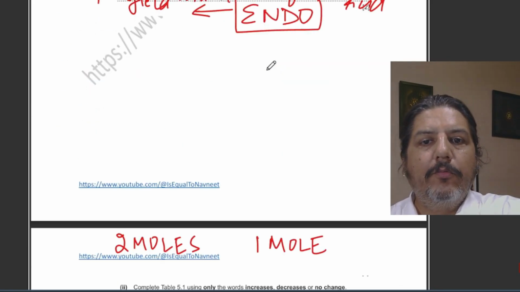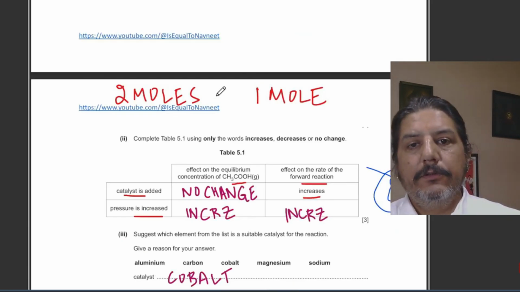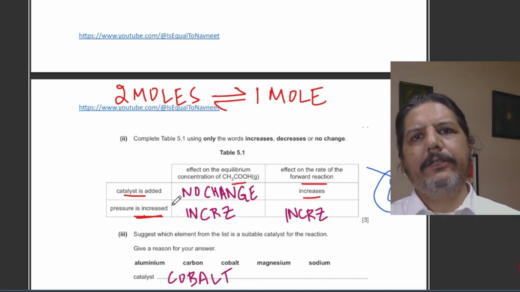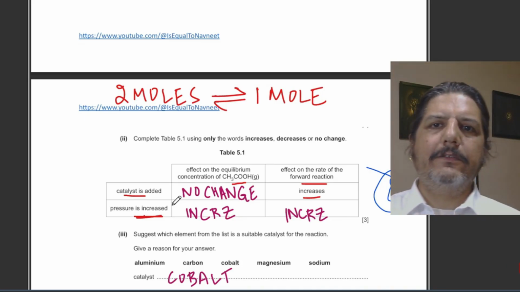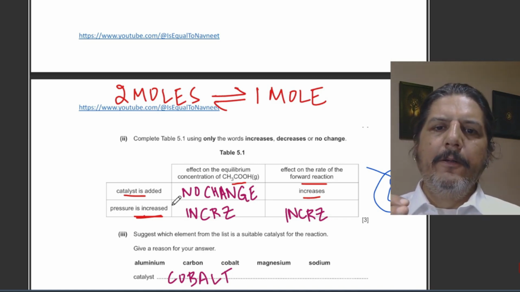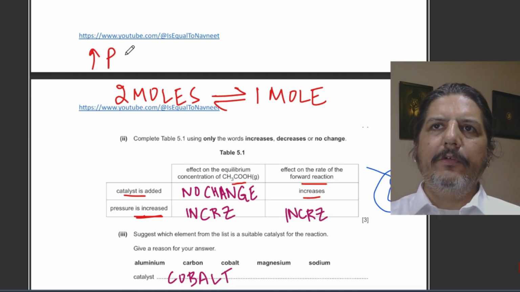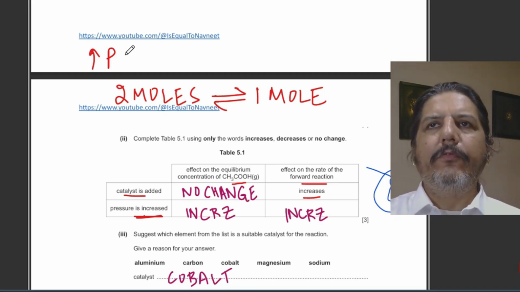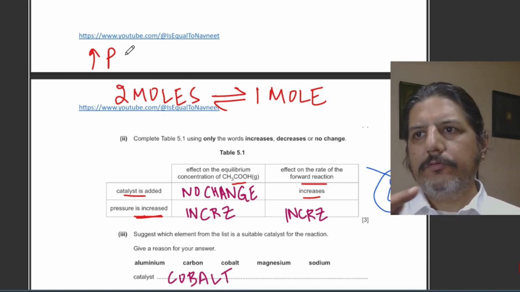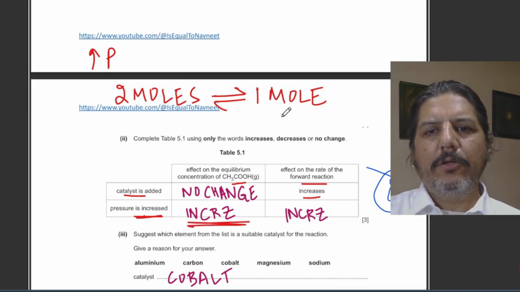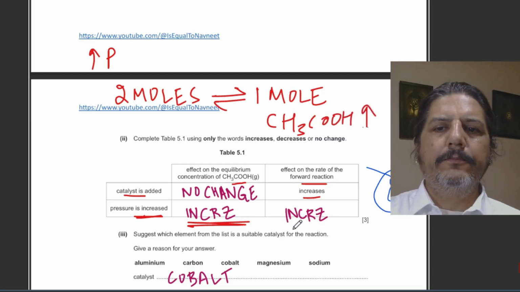In these kinds of reactions, when you increase the pressure, as Le Chatelier says, the system will move in a direction where lower pressure is formed. When is lower pressure formed? Lower pressure is formed when you are moving in the forward direction. So the equilibrium concentration of acetic acid will increase.